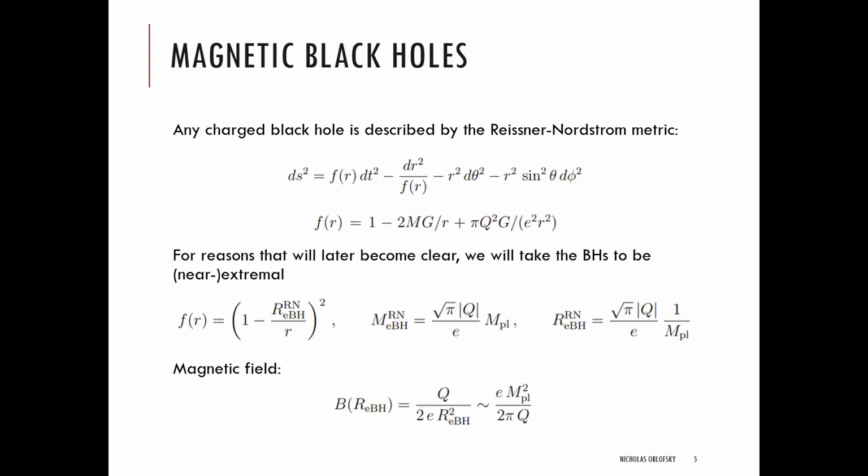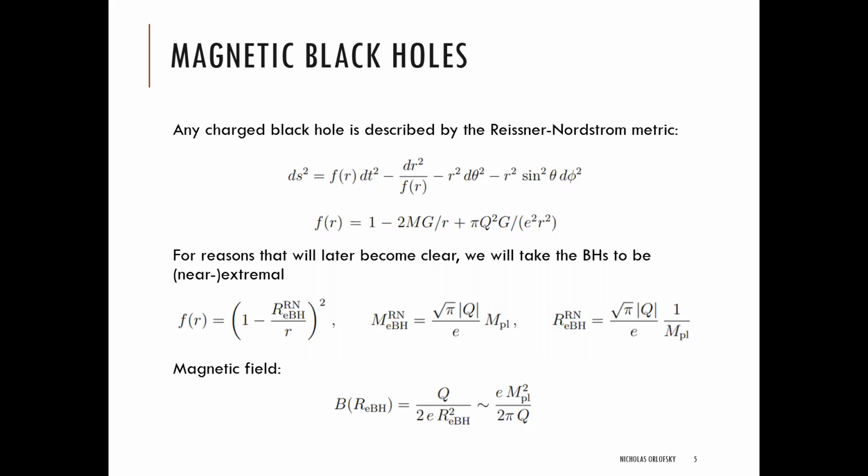But do you have magnetic charge, or is this just a normal B field due to the electric charge? Yes, you can of course write this down for an electric charge, but you can also write this down for a magnetic charge. Here in particular, I'm considering a magnetic charge. I see, so this is a magnetic charge that's producing it. That's right.